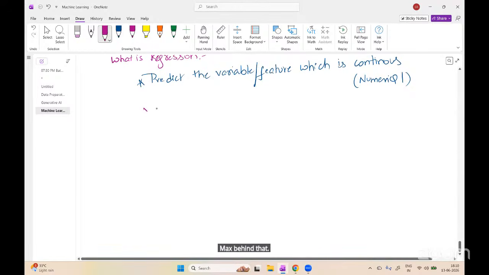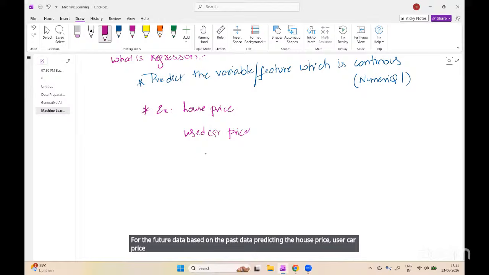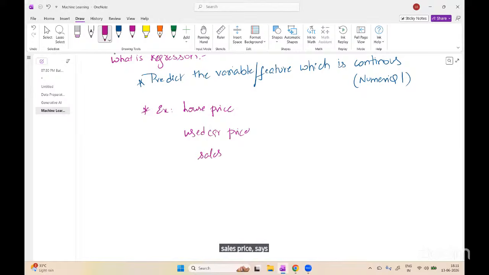Here the examples are where we are going to predict the house price, predicting the house price for the future data based on the past data, used car price, sales, what would be the estimated sales. These are all numerical data which we are going to estimate.